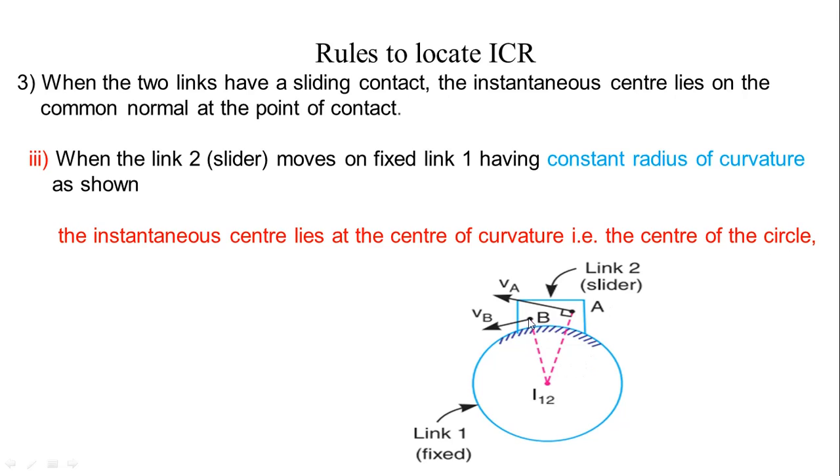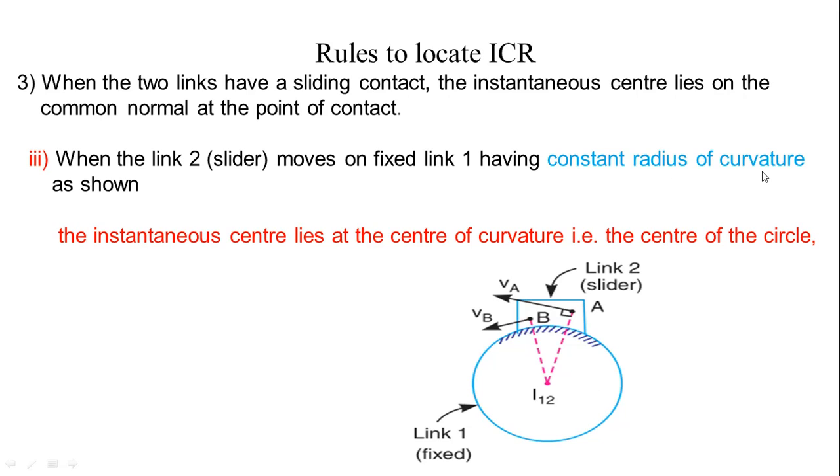Once again, consider the velocity at point A and the velocity at point B. We draw the velocity vectors and then the perpendiculars to them. These intersect at the center of the circle, which has a constant radius of curvature.